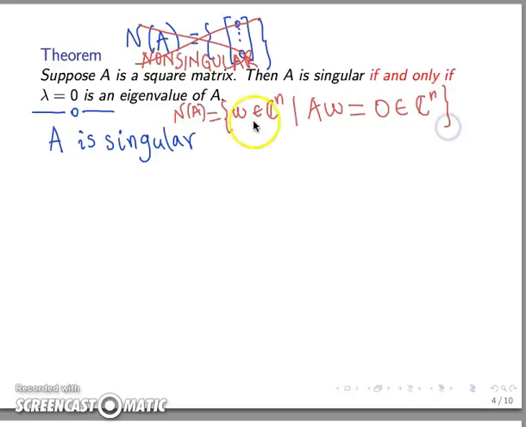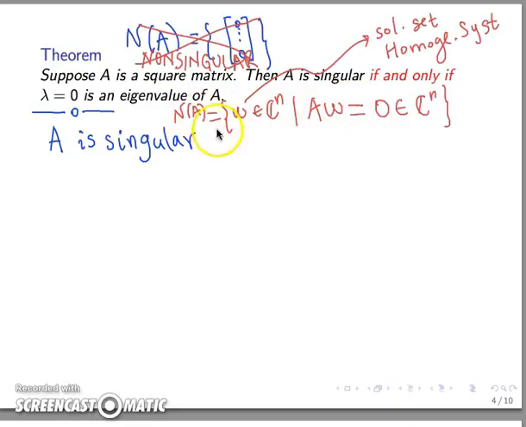So these are vectors that when multiplied by the matrix give the zero vector. But this is also a solution set of a homogeneous system that has A as the matrix of coefficients. And that is what it means for that matrix to be singular.